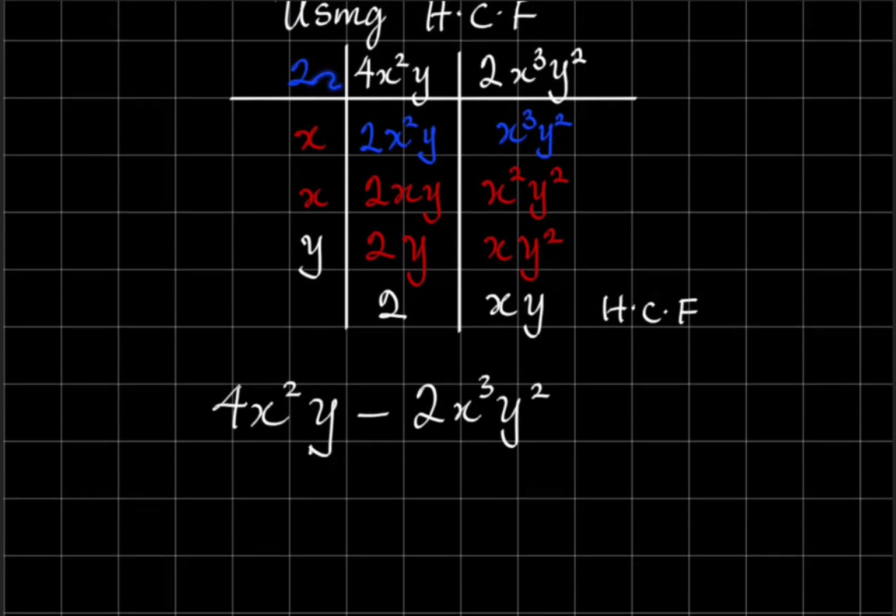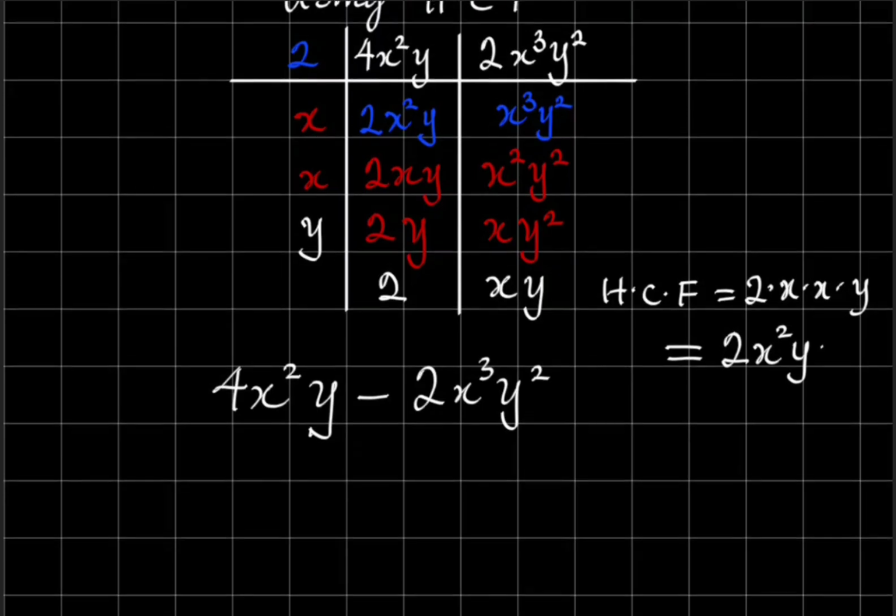Our HCF is 2 times x times x times y, which is the same thing as 2. How many x do we have here? We have x squared, so we have y. So therefore our HCF is 2x squared y.